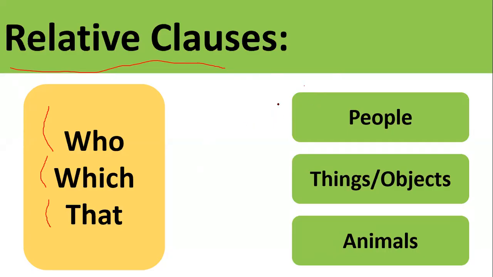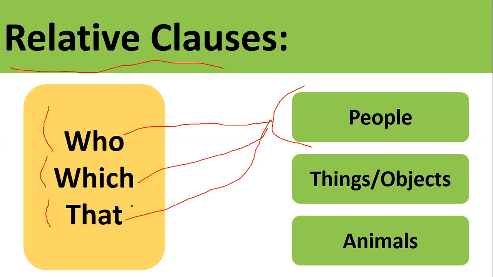So for people, do you remember which one I have to use? Who. So I can use who. Can I use anything else? That, maybe that. Yes, actually, with people, I can use the 3 of them: who, which, and that, right? I can use the 3.